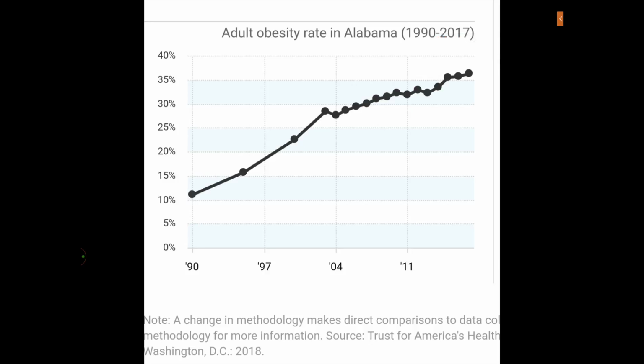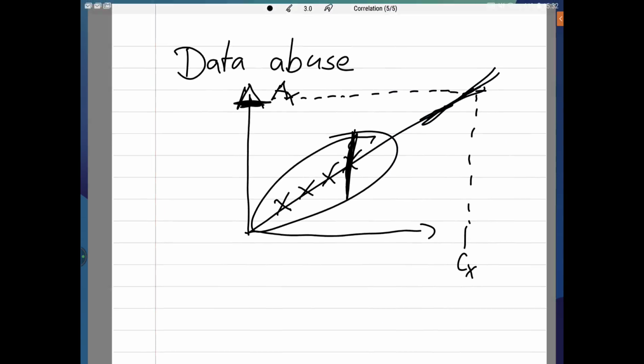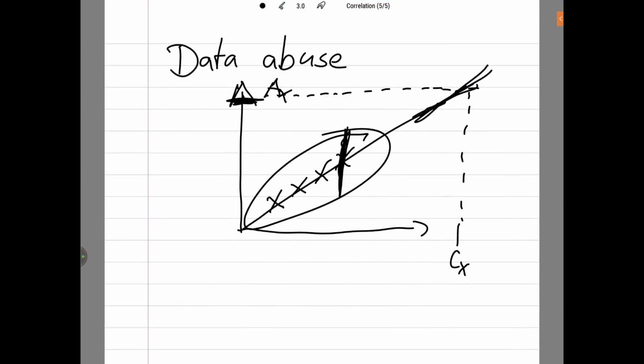If you look at 100 and see 135 being obese, I suggest you stop smoking that stuff. Yeah? That is why you cannot extrapolate things. A correlation does not allow you to go beyond the last point that you've actually measured. If you do, sorry, you are a data abuser. And you will be punished.